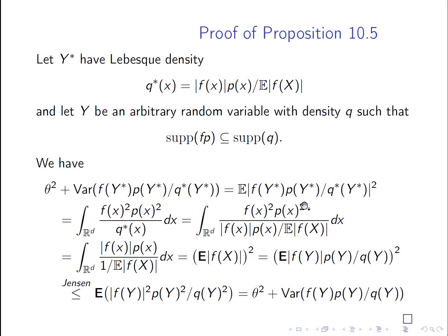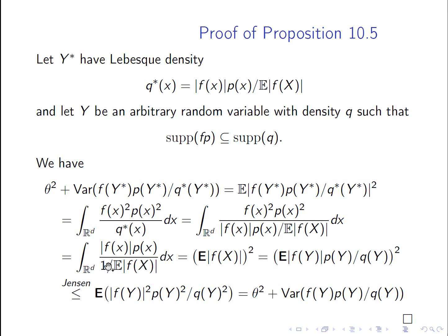Well, this square goes away and this square goes away, and we have the absolute value. So from here to there, by cancelling out, we get that this expression equals the integral over absolute value of f of x times p of x, divided by 1 over the expectation of the absolute value of f of x, dx.